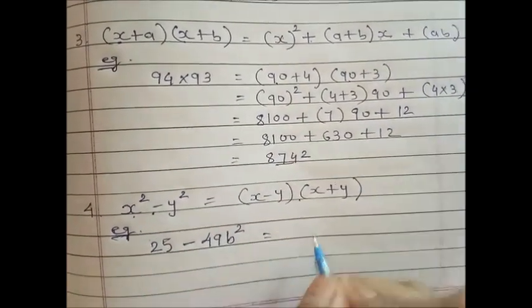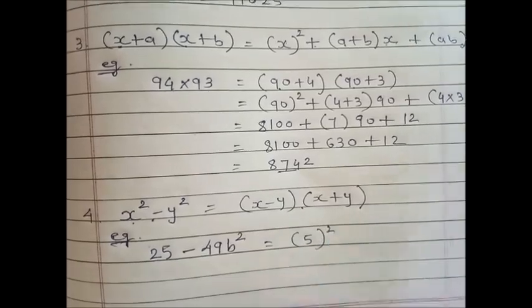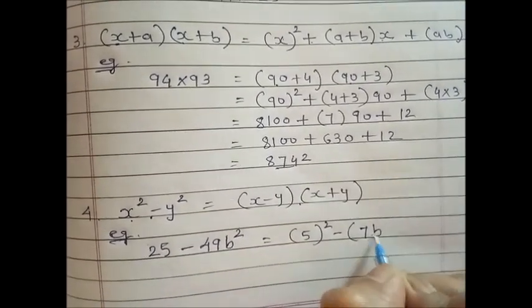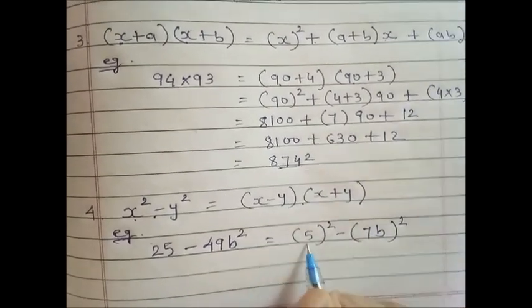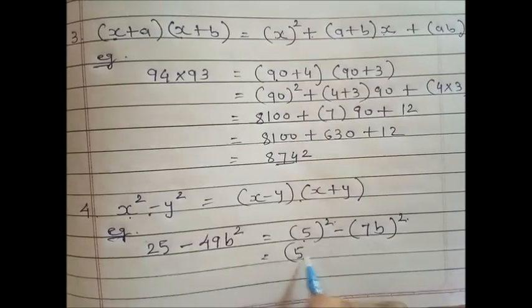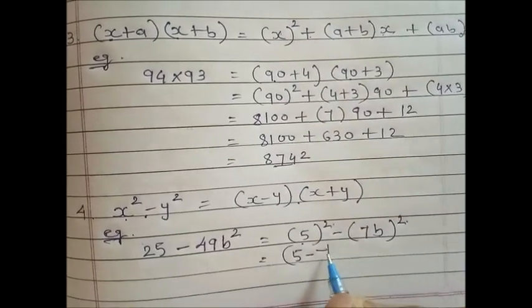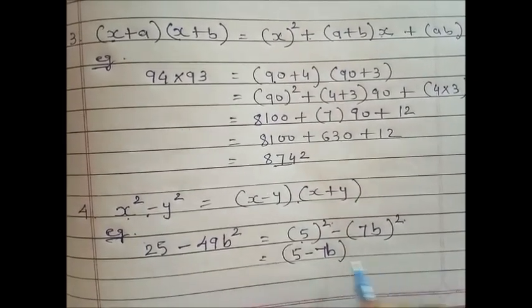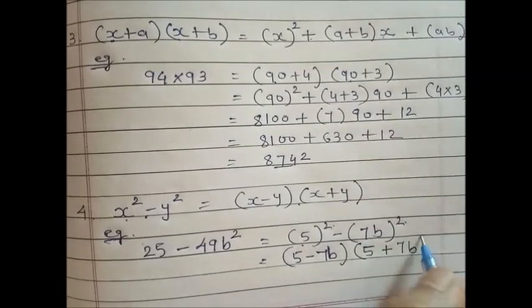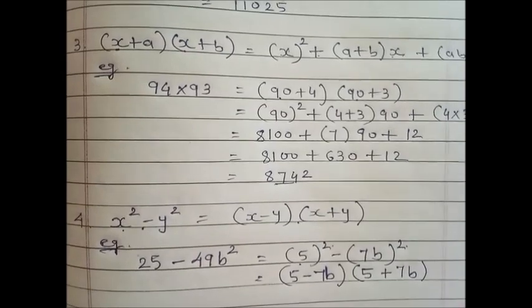Now 25 means 5 square, 49 means 7 square and b square means b square, right? Now see, a square minus b square, so two brackets, 5 minus 7b and 5 plus 7b, right?